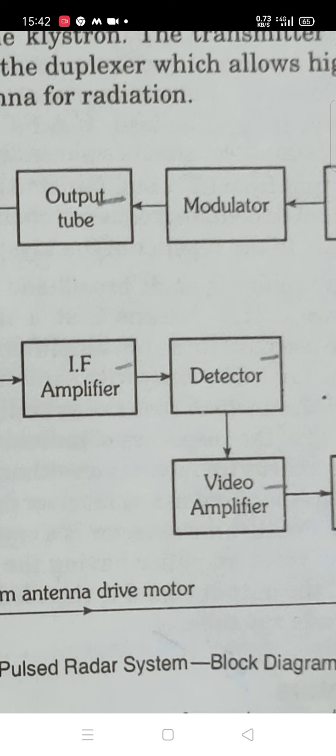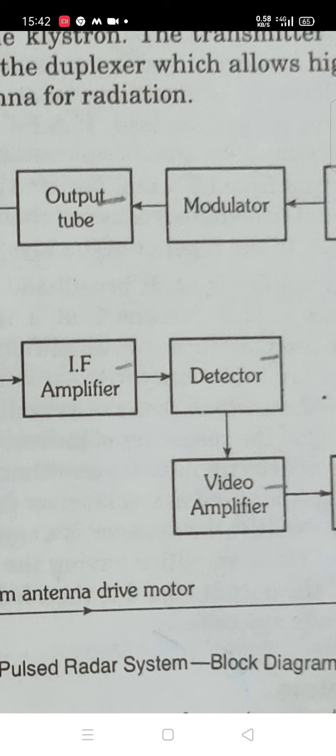It is the process in which the carrier signal can be separated from the original modulating signal. It is a process in which the carrier signal and modulating signal can be separated, and the original signal can be recovered back. That is known as detection or demodulation.